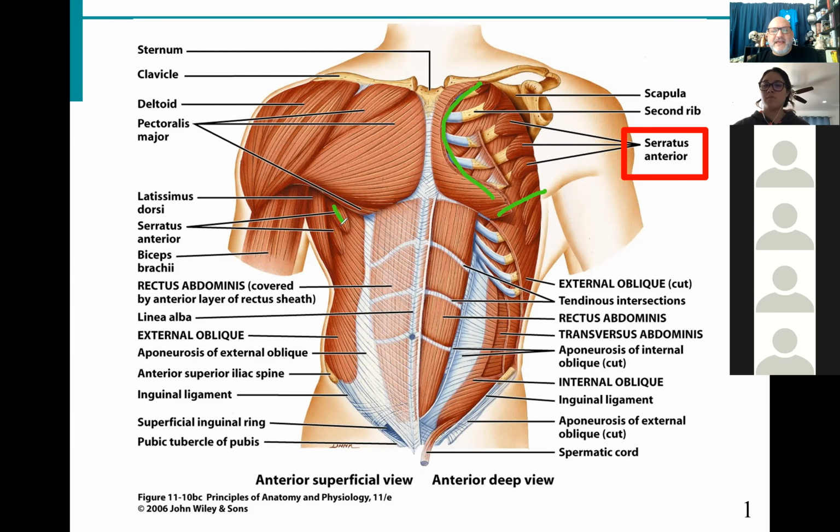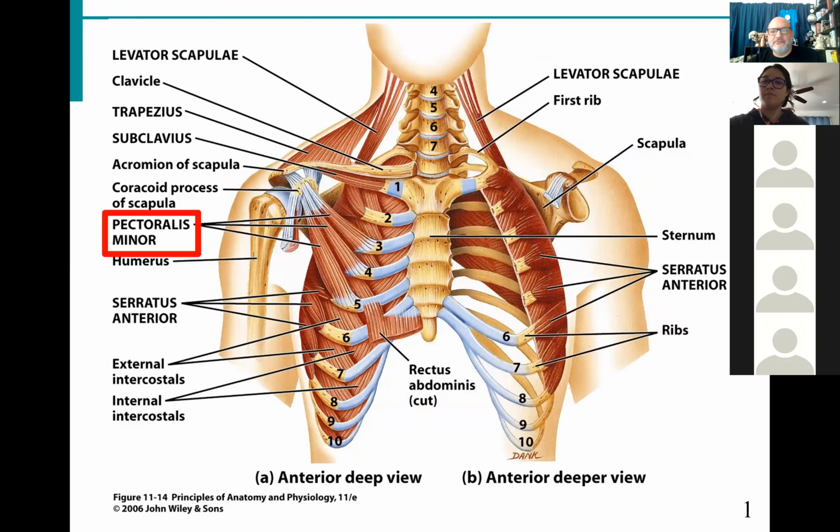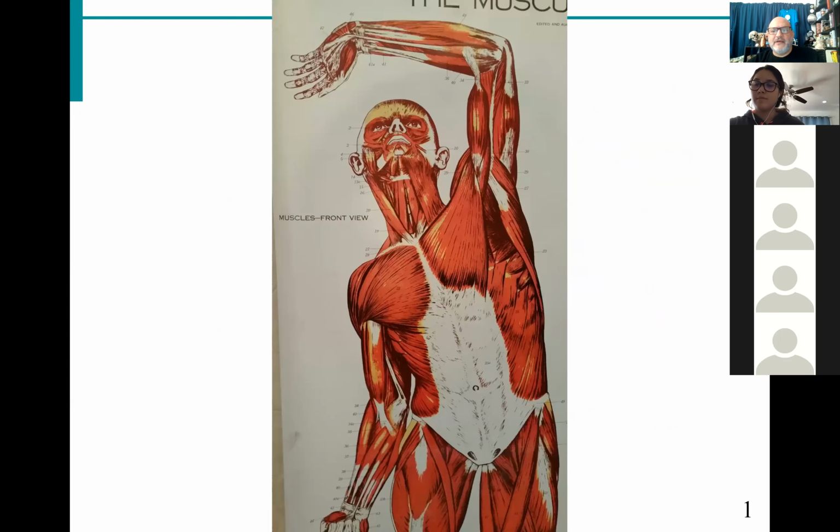So notice again, we can see a couple of those bellies sticking out underneath. Now, this is just something we can see on this illustration. We couldn't actually see that on a person, could we? Yeah, good. Notice here on our chart, under the pectoralis muscle, we can see some of those serratus anteriors.